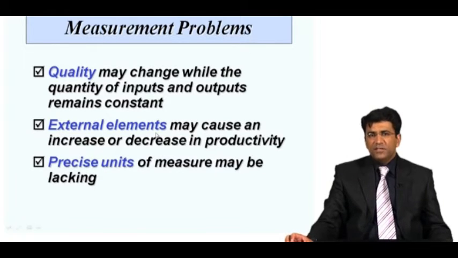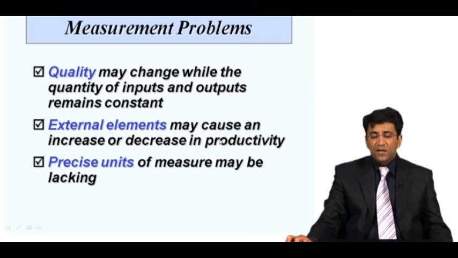In that particular case, we may not be able to find out which inputs actually increased our productivity, because we are taking into account just the quantity factor of inputs when we use the formula productivity is equal to output over input, but the quality factor is not being considered in this particular formula. So that is one of the limitations and assumptions with this formula.